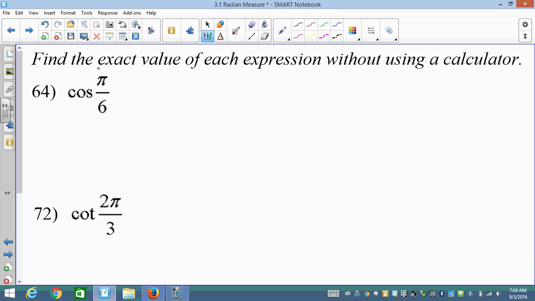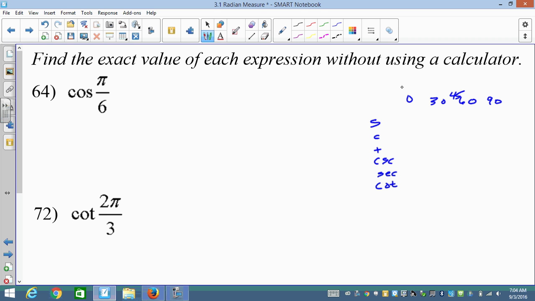Okay, now it says find the exact value of each expression without using a calculator. Now this is where I get to remind you, and I don't have it on my thing, that you have your sine, cosine, tangent, cosecant, secant, cotangent, and then you have your 0, 30, 60, 90, oops, forgot the 45, 45, 90.